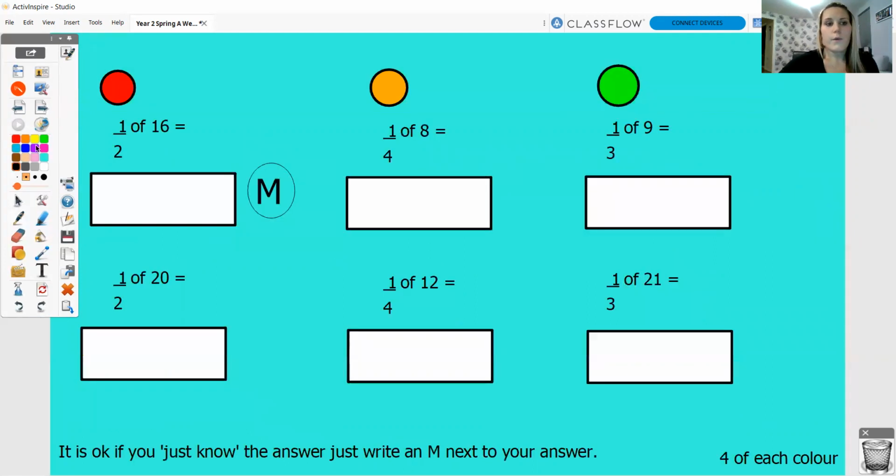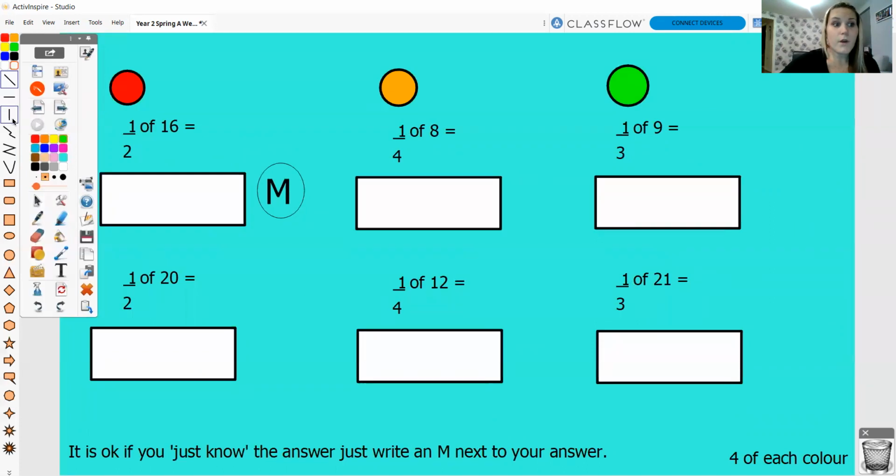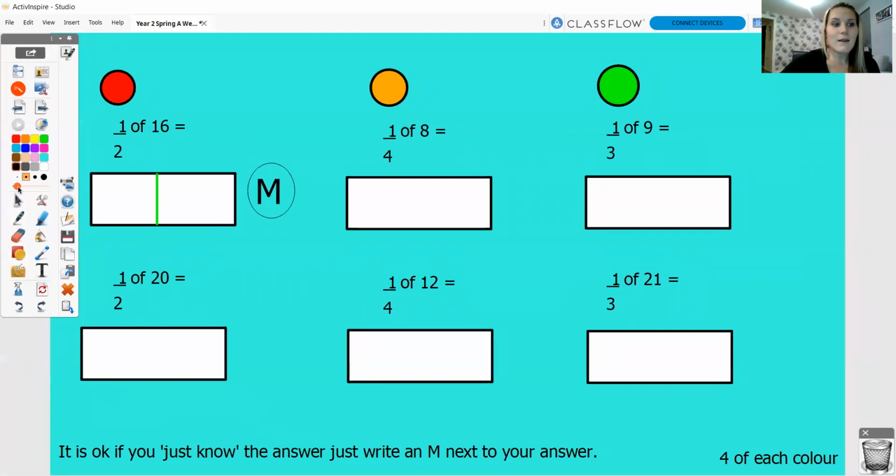For red today, you are simply halving numbers. So we divide the bar into 2 and we share out 16. Let's do that. 1, 2, 3, 4, 5, 6, 7, 8, 9, 10, 11, 12, 13, 14, 15, 16.